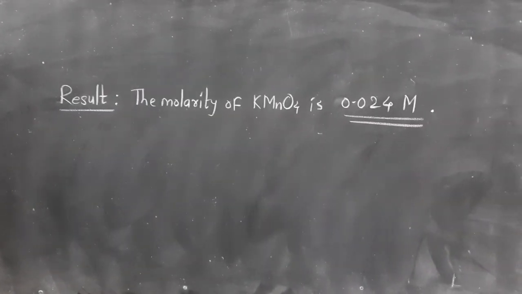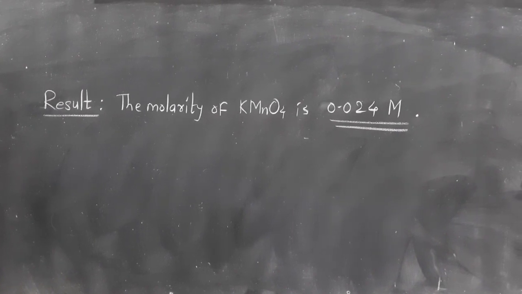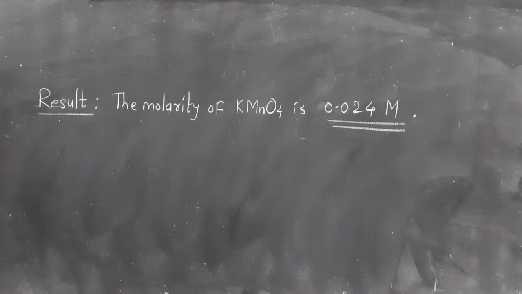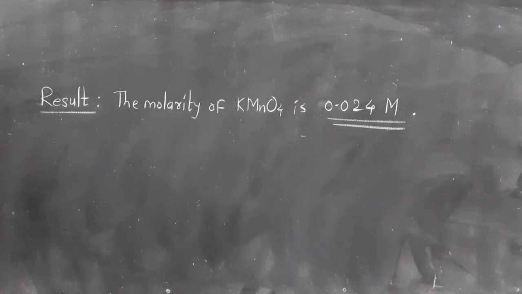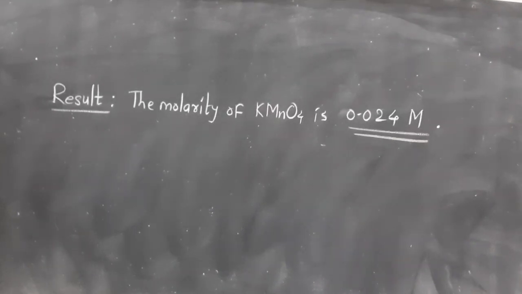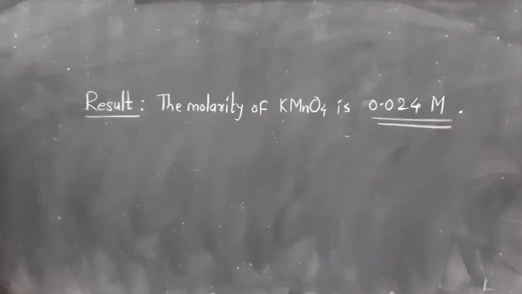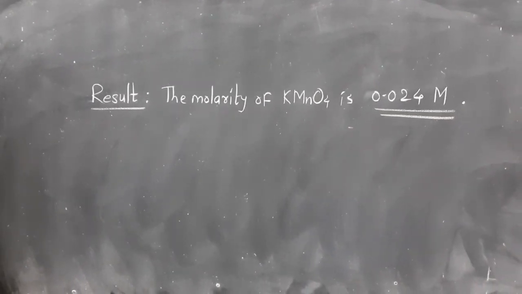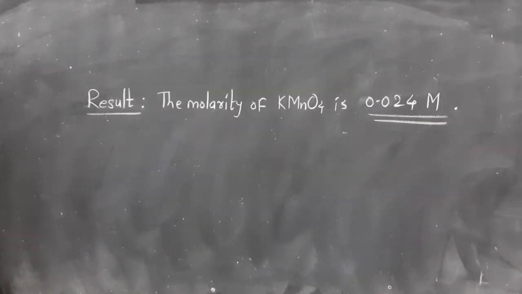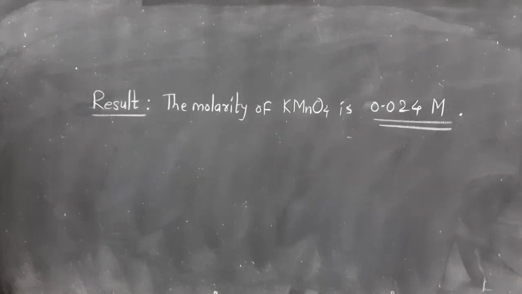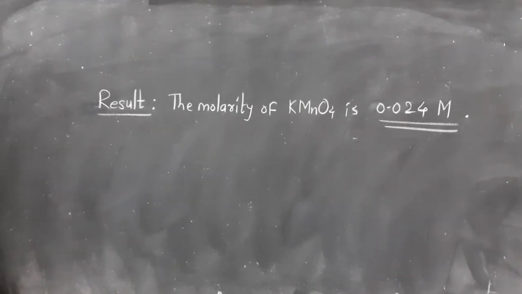Result: the molarity of KMnO4 is 0.024 molar. In this way, we have completed the experiment to determine the concentration, in terms of molarity, of KMnO4 by titrating it against a standard solution of ferrous ammonium sulfate.